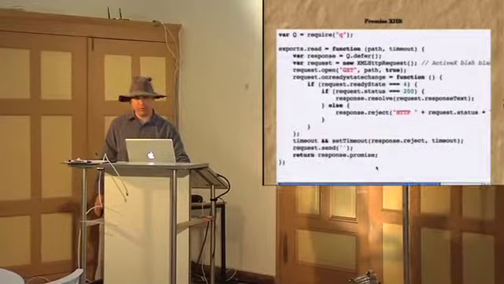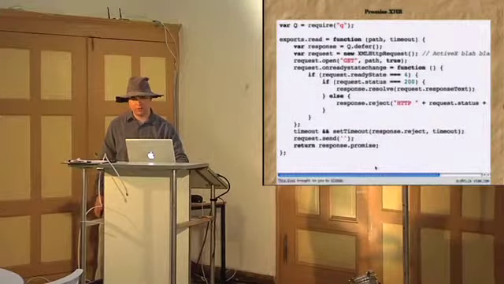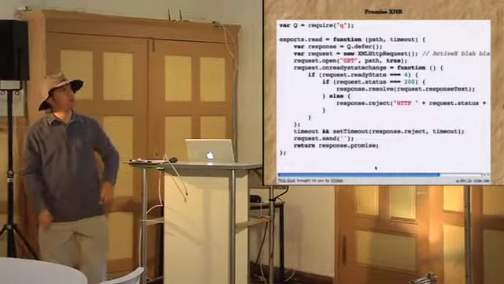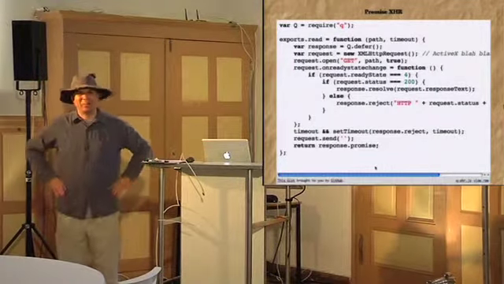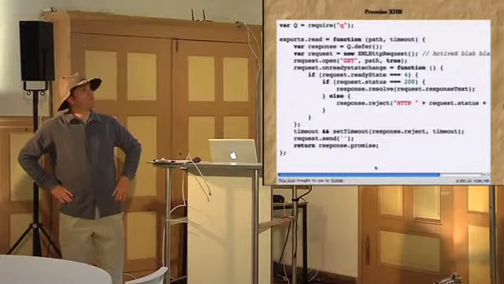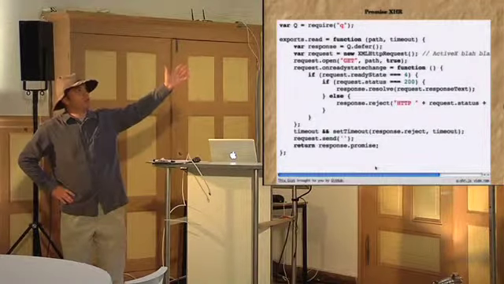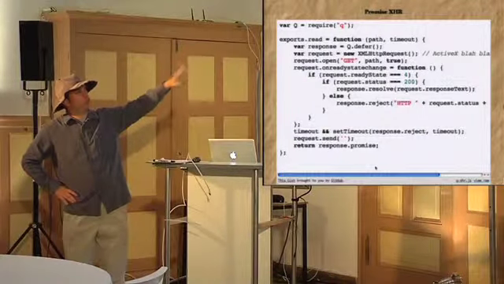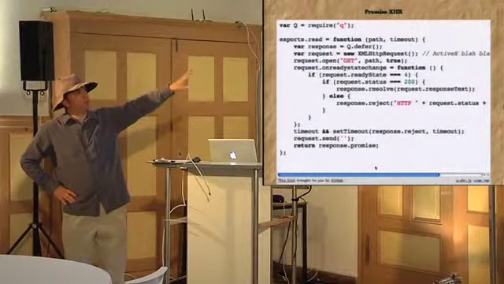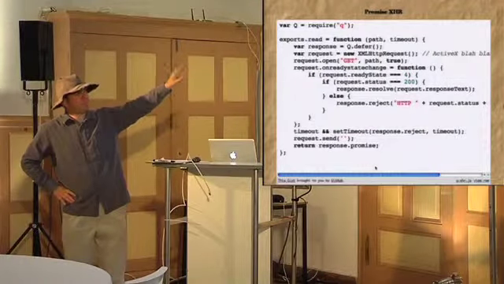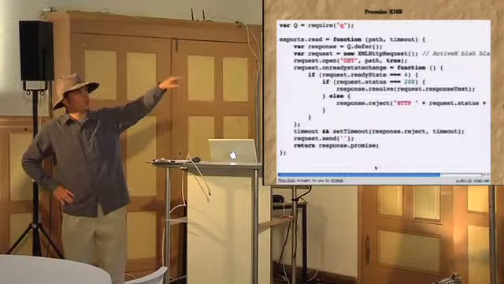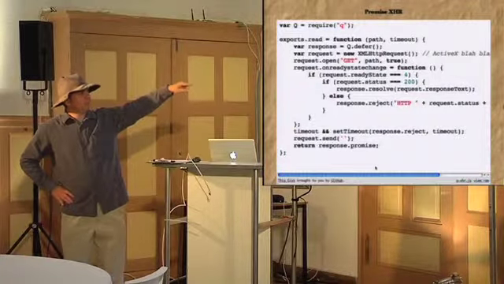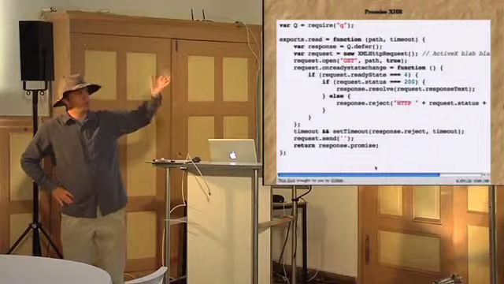This is how you implement an HTTP request via XHR using promises. I think everybody's done XHR at this point directly. We construct a response deferral. We construct a raw HTTP request. We open it, we set up the onReadyStateChange handler, and we resolve with the response text if it works. We resolve with a rejection if it does not. And we return the promise for the value and initiate the HTTP request.